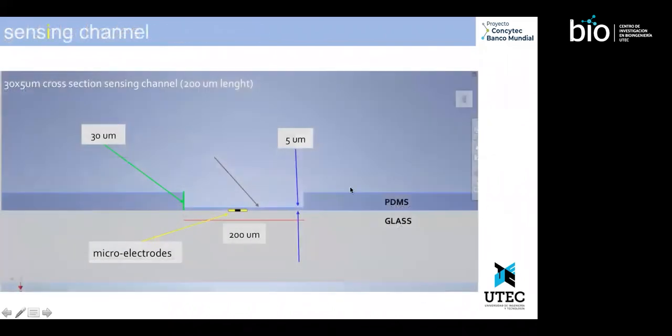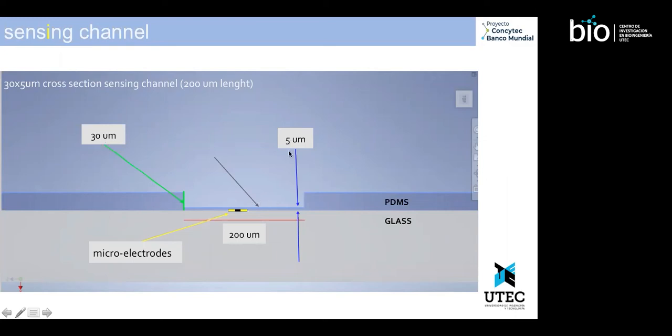So we have this in the channel. This is a cross section of the channel. You can see the glass at the bottom, the gray, and the PDMS on top. And then we have the electrodes in the channel here. The channel is 200 micrometer wide and 30 micrometer high.